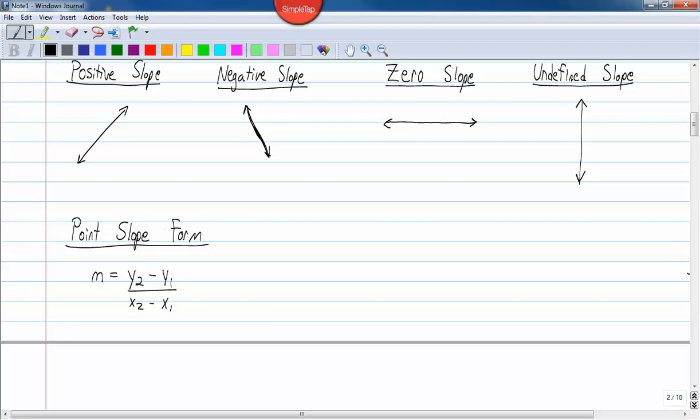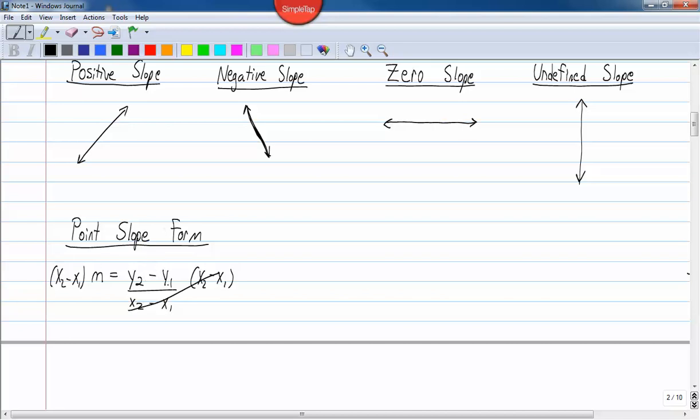The way that you would get that, though, if we multiplied both sides of this, think about this like it's an equation, because it is. This formula is an equation. If I multiplied both sides by x sub 2 minus x sub 1, then that would cancel out.